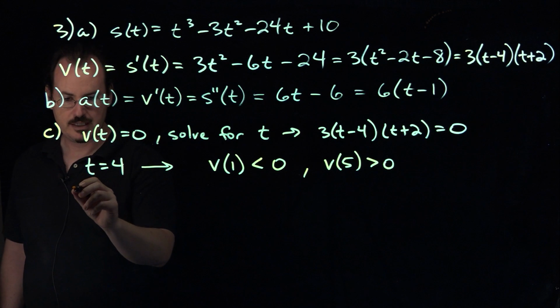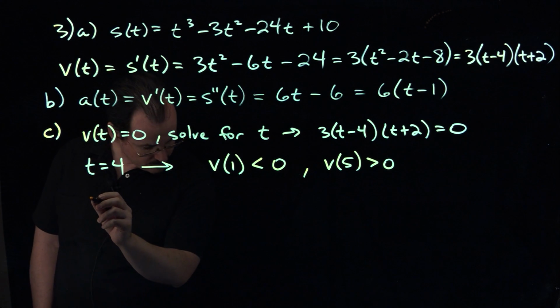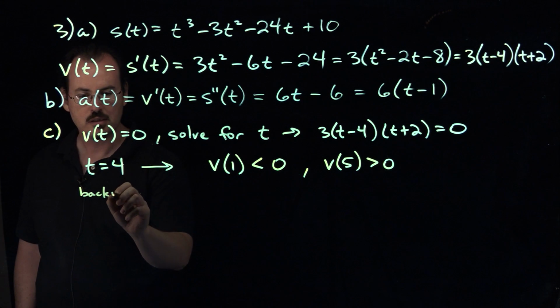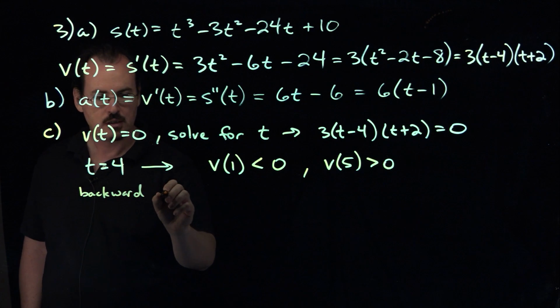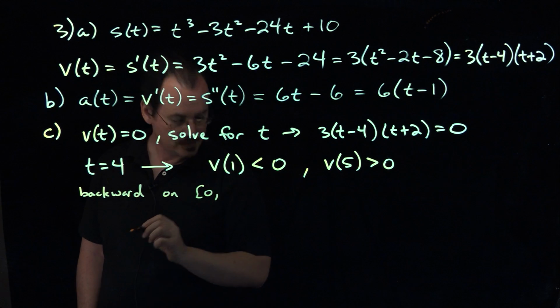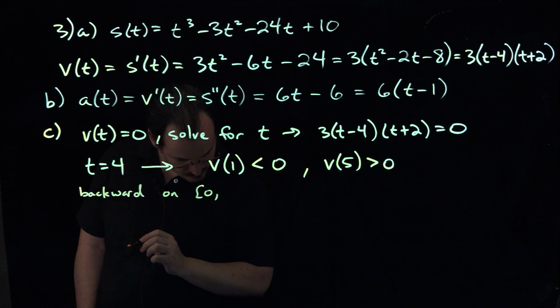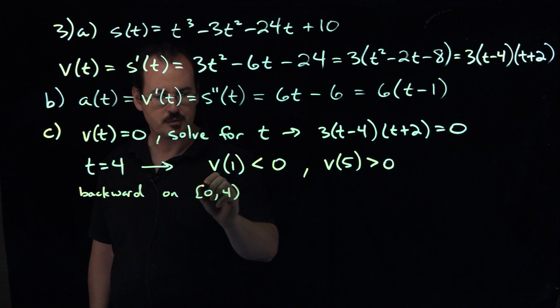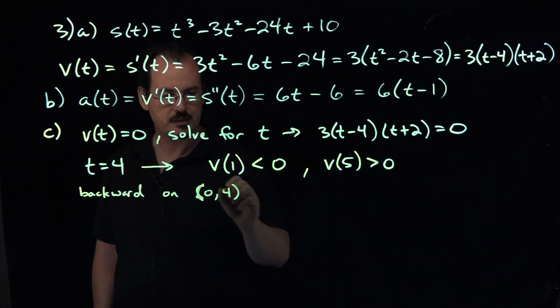If we want to write that down, it would be going backward on the interval from 0 to 4. And I guess I should probably do that kind of parentheses there.